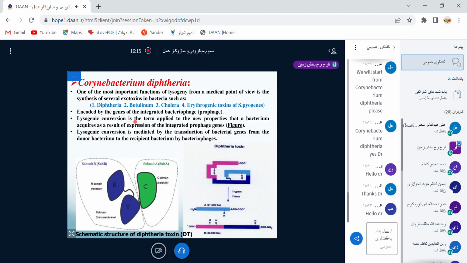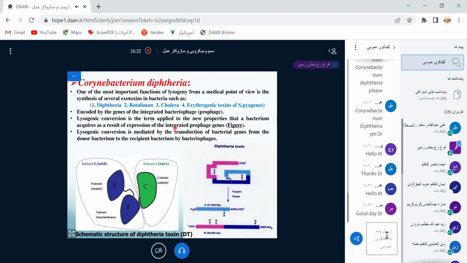Lysogenic conversion is the term applied to the new properties that a bacterium acquires as a result of expression of the integrated prophage genes.